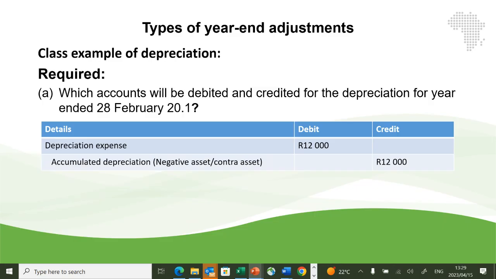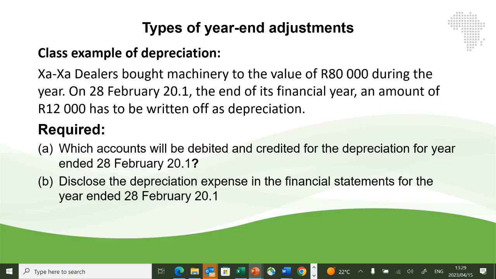Accumulated depreciation is what? We call it a negative asset, or a contra asset account. So instead of us going straight to this 80,000 rand account for this machinery, what we'll rather do, because accounting requires you to keep the historic cost of that asset, is keep this 80,000 as it is until we reach a point where we want to sell it, if we don't want to use it anymore.